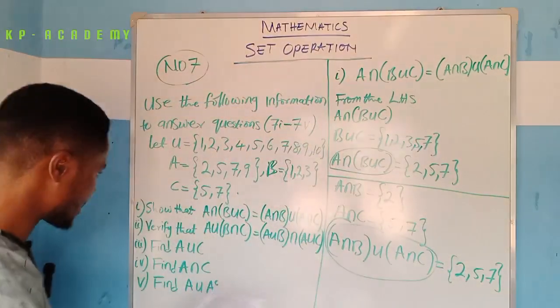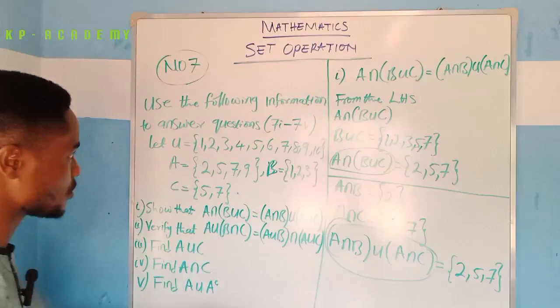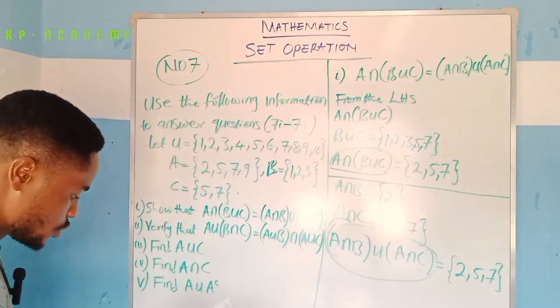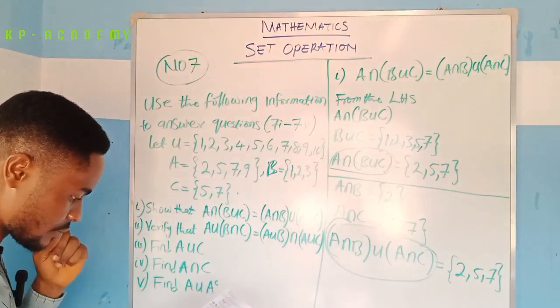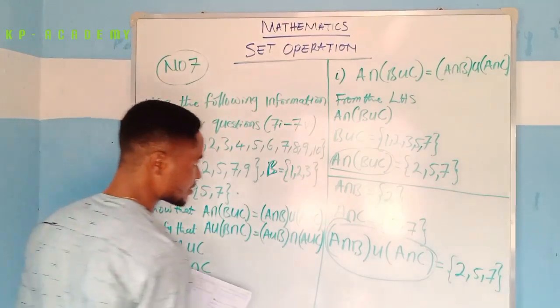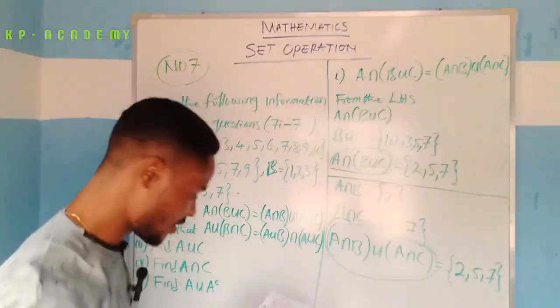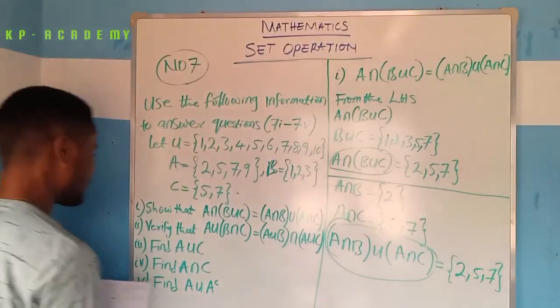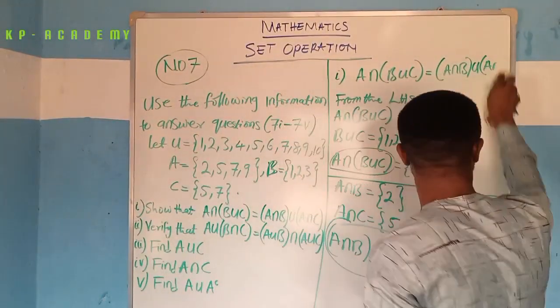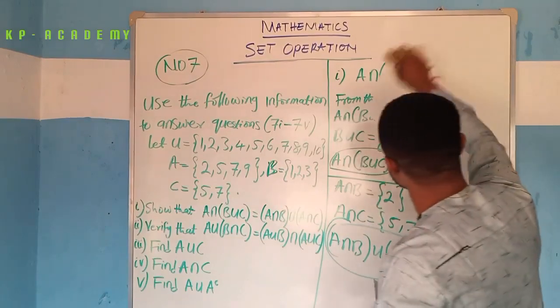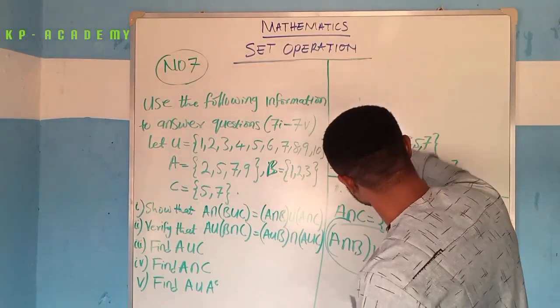Therefore, the two sets are equal, so we have shown it. Hence, this set is equal to this set. Very simple. Very important, so do well to take notes of these things.